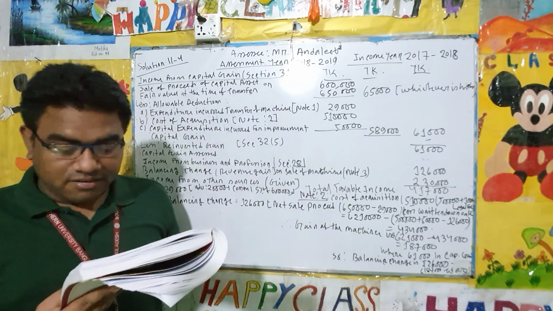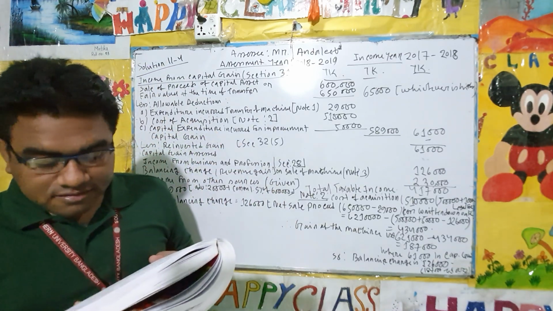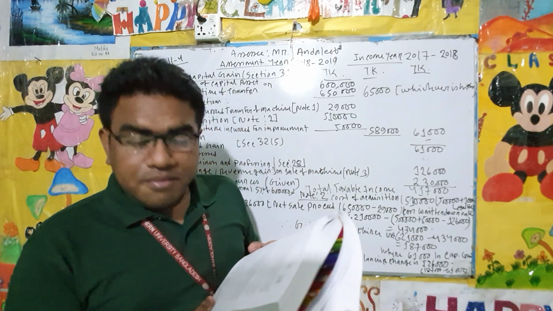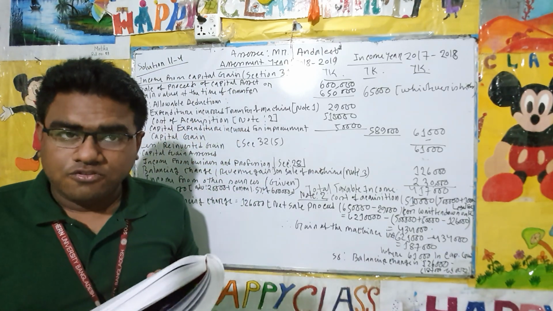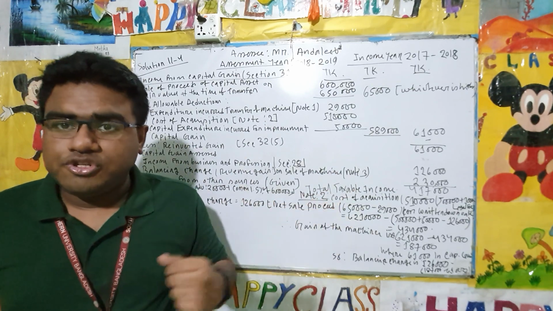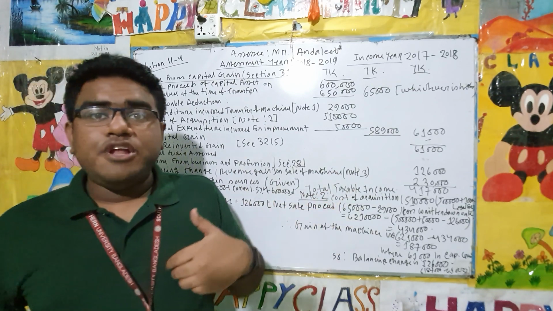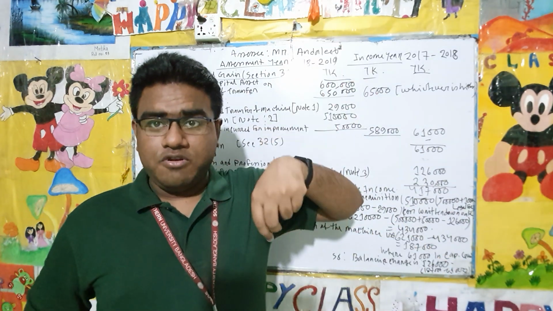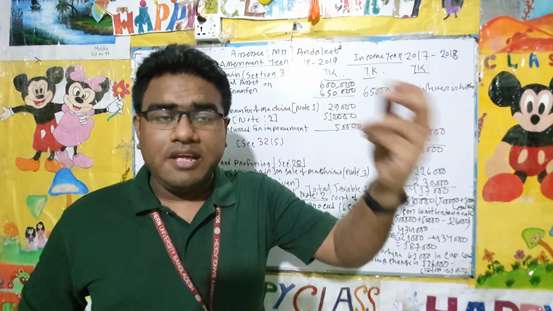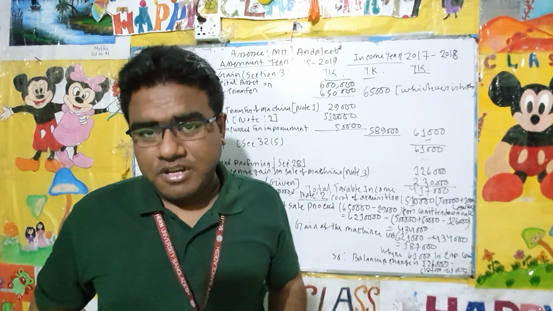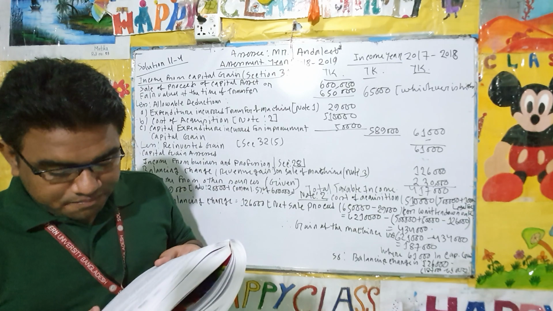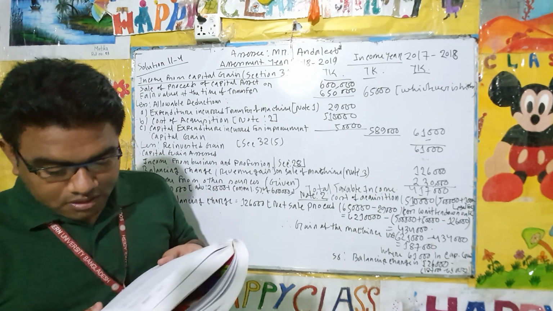Then he has spent an additional sum of Taka 50,000 for the improvement of the machine, like the installation cost, or the machine may not have had the color, so he painted over the machine. So he has spent another 50,000, so 10,000 and 50,000 for the improvement of the machine.